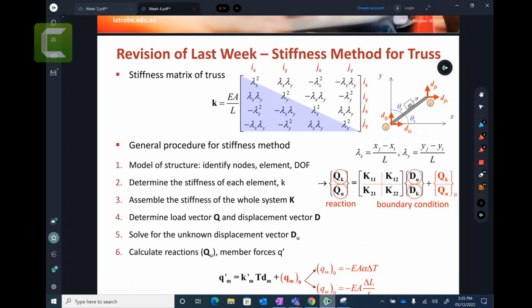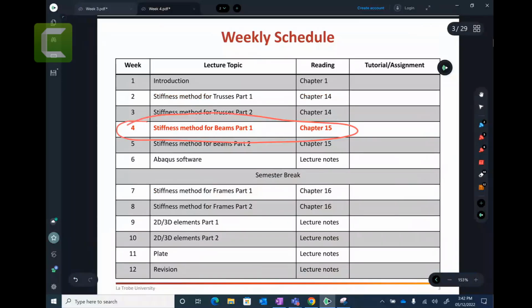Any overall comments or questions that are puzzling you, or that were not covered in the last 2 weeks of lectures, or that will not be covered for the assignments? So let me start the stiffness method of the beam, part 1.